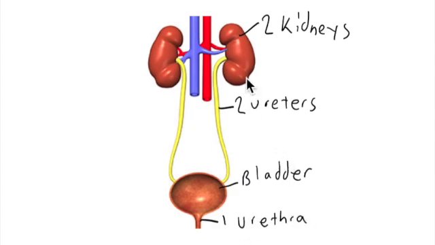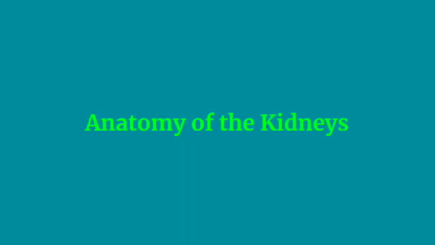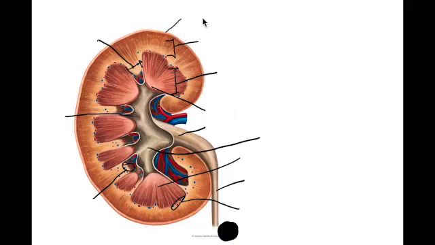In total, urine is transported from the kidneys to the ureters all the way to the bladder and is excreted from the body through the urethra. We'll start with the outermost layer. The outermost layer of the kidney is called the fibrous capsule. The fibrous capsule protects the kidney from trauma, basically the eggshell of the egg.